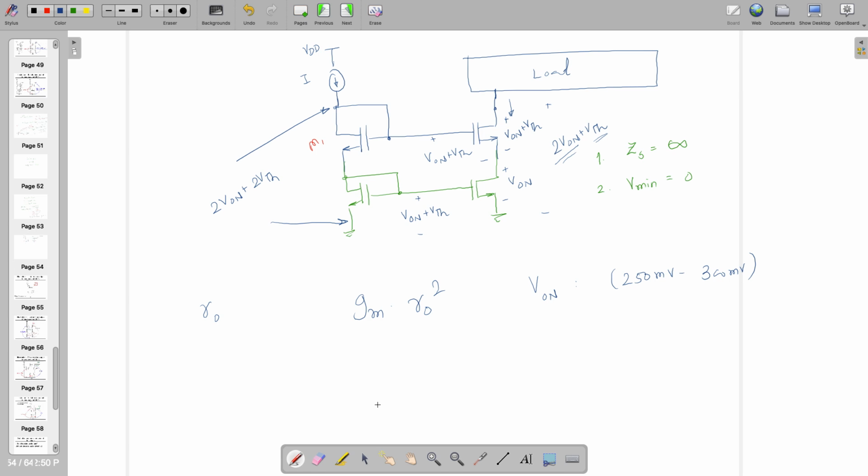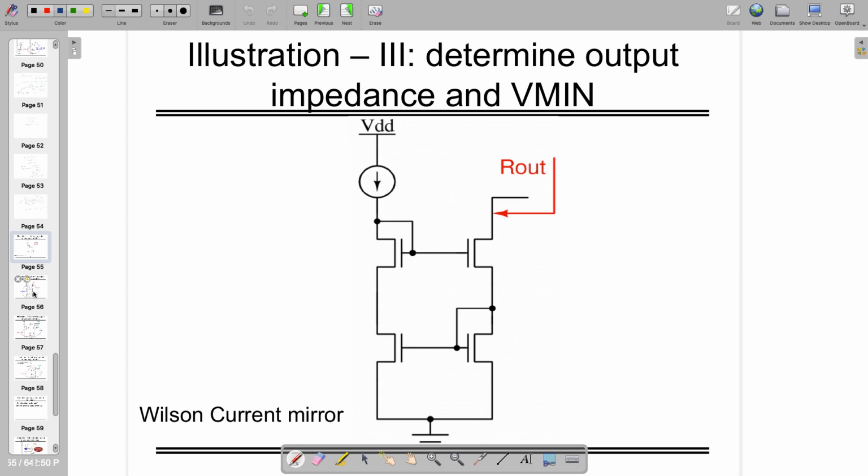So let's look at some ancient technique, which is known as the Wilson current mirror, found out by a person called Wilson. And this is better basically in terms of the stability or the current which you are achieving, how much deviation you can tolerate.